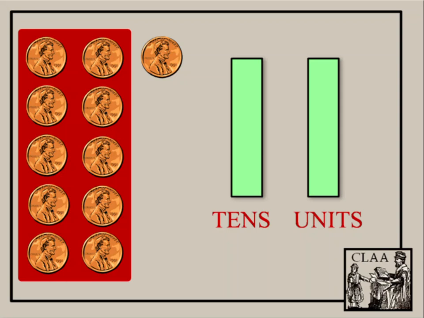Outside the red box, we see there is 1 penny left over. So we write a number 1 for the units. There is 1 set of 10 and 1 unit left over. This is how we write the number 11.